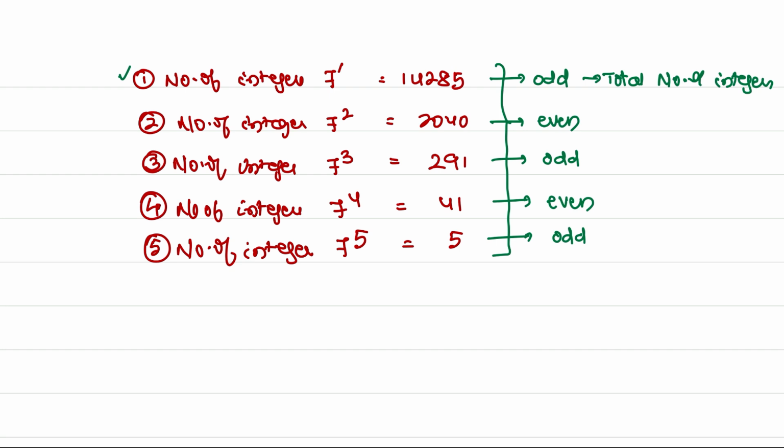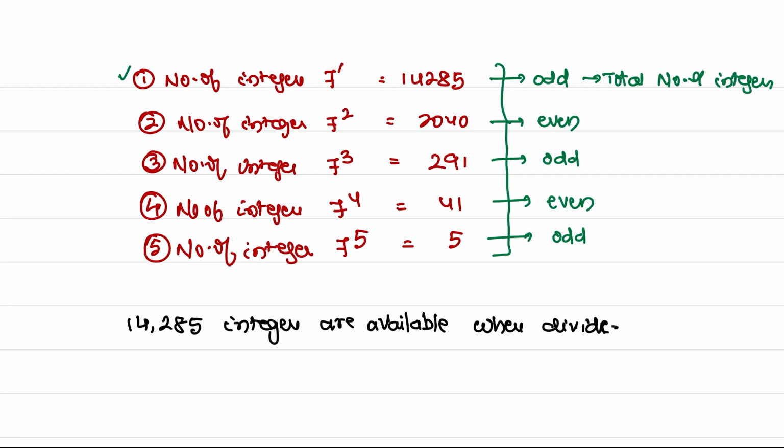Please try to understand this logic. 14,285 integers are total available when divided by 7.